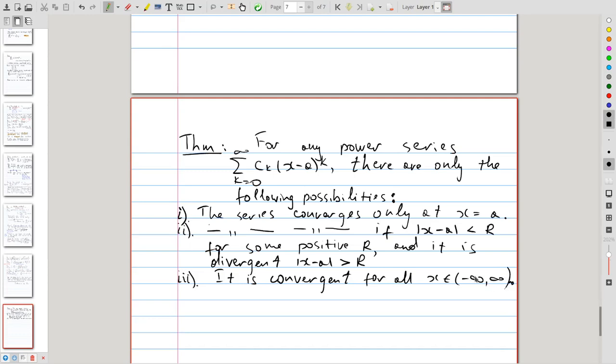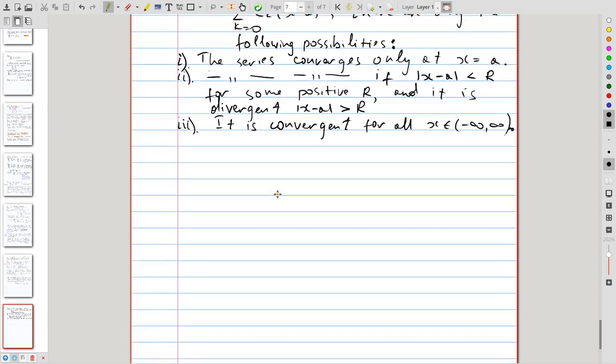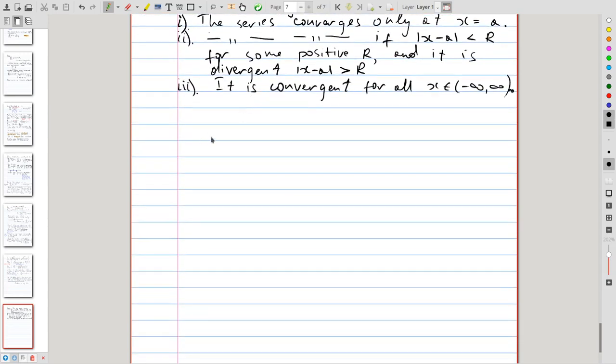So as you can see, the picture here is more or less the following. We have a number line, right? Then there is a number a somewhere, and around this number a we have a neighborhood of radius r.